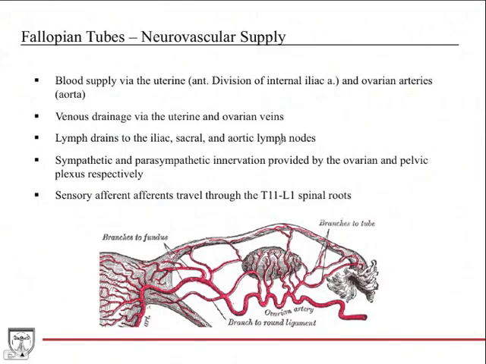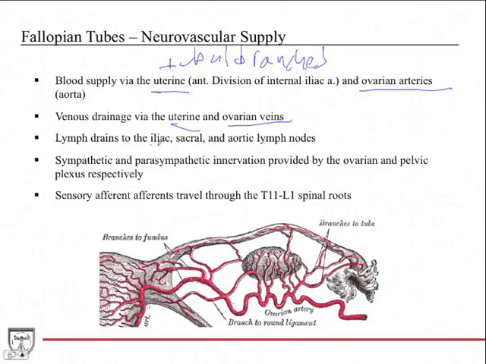The neurovascular supply, it's really via 2 arteries, the tubal branches of the uterine artery, which is from the anterior division of the internal iliac artery, and then also from the ovarian arteries. So you can see the ovarian artery traveling in here, and it gives off these tubal branches that supply the fallopian tube. The venous drainage is via branches to the uterine and ovarian veins.